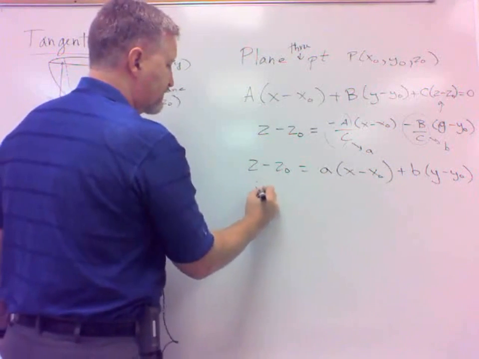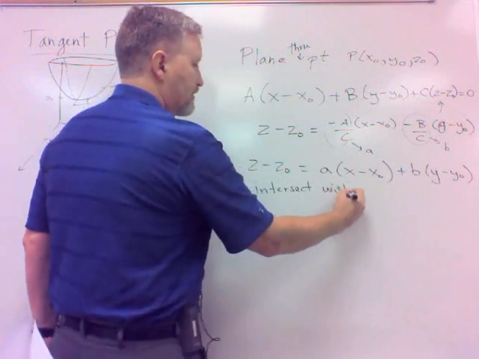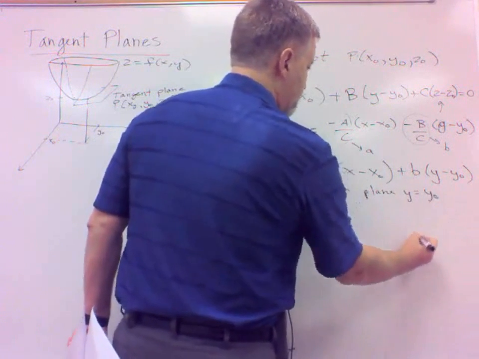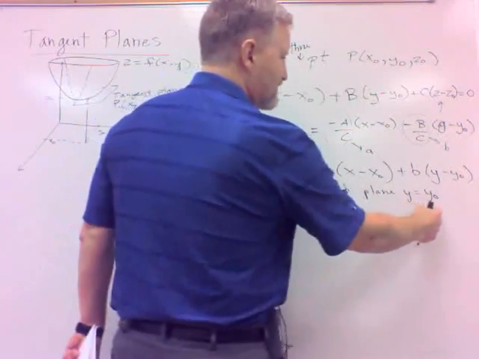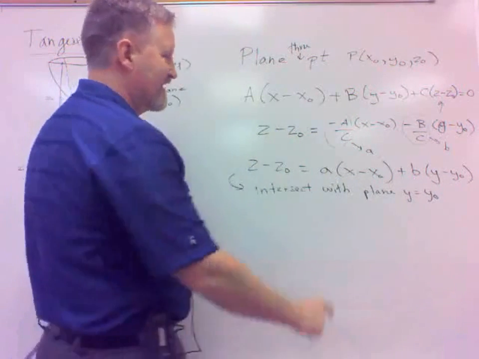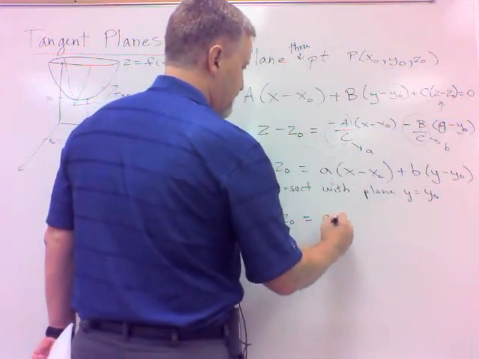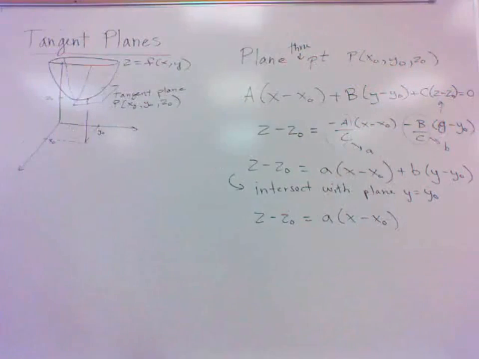So let's intersect this with our plane y equals y0. What does that give me? Well, if y equals y0, then y minus y0, that's 0, isn't it? And so we get z minus z0 equals a times x minus x0, which is just a line.